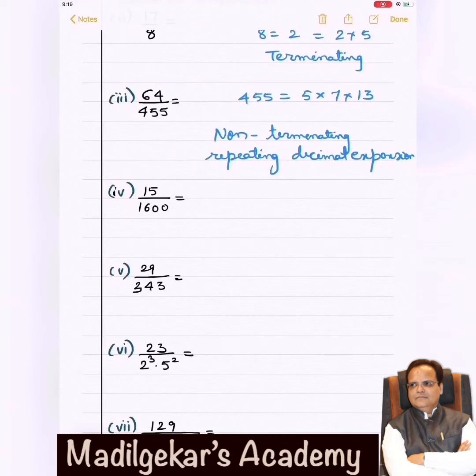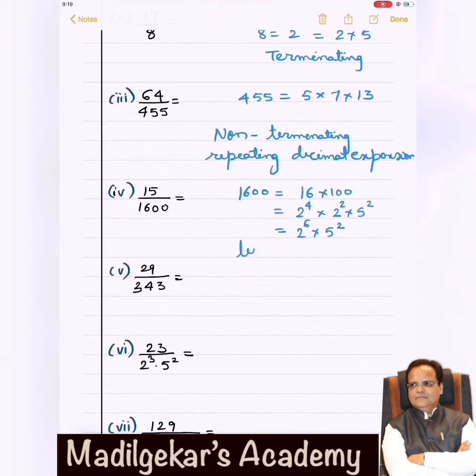Fourth bit is simple, 1600. It is 16 into 100. 16 is 2 raised to 4. 100 is 2 square into 5 square. That is 2 raised to 6 into 5 square.